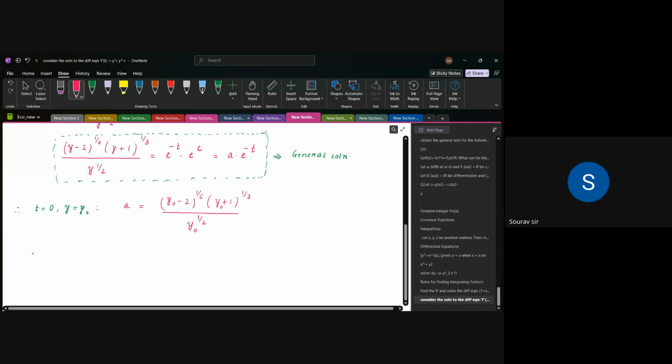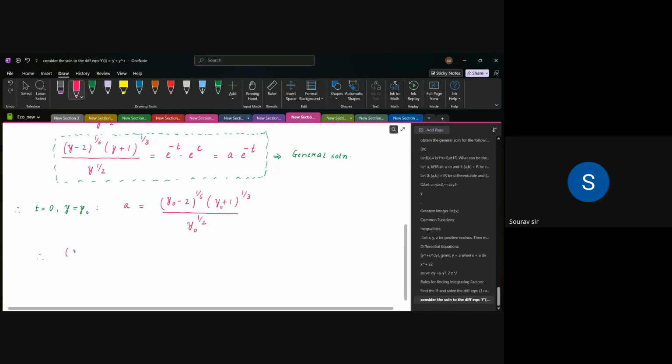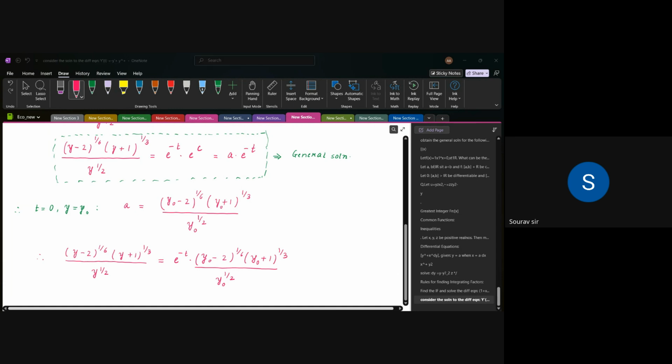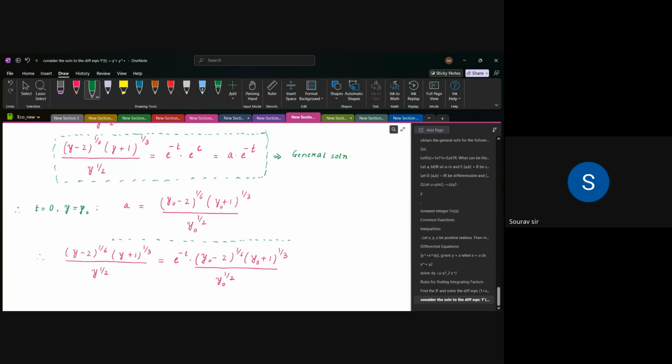That means what is the final solution that we will have? (y minus 2) raised to the power 1 by 6, (y plus 1) raised to the power 1 by 3, divided by y raised to the power half, is equal to e raised to the power minus t into this term. So this is your particular solution.